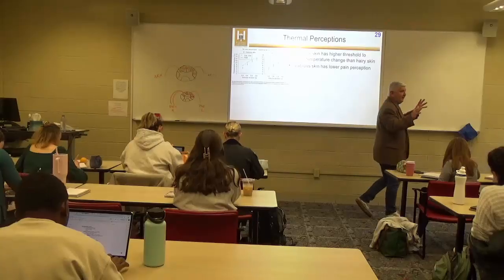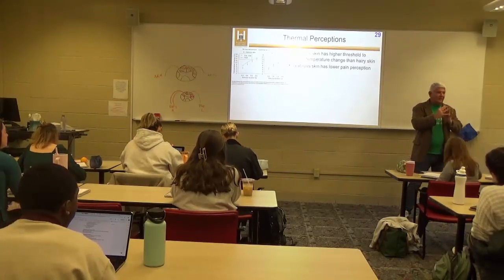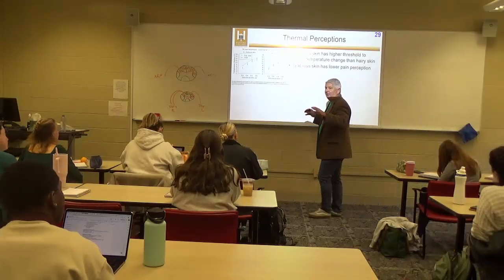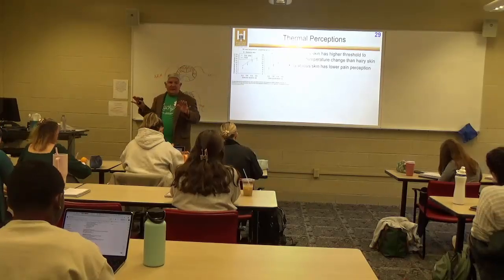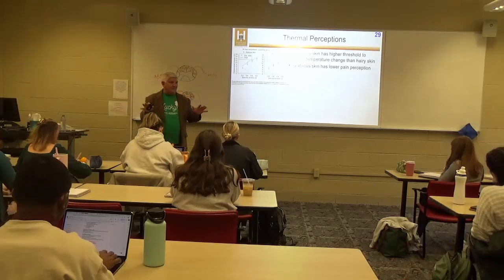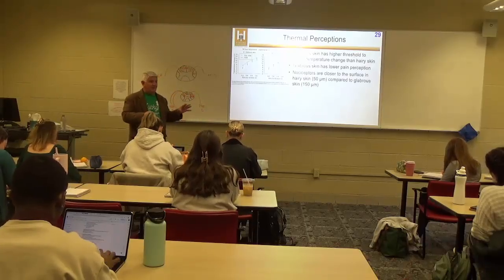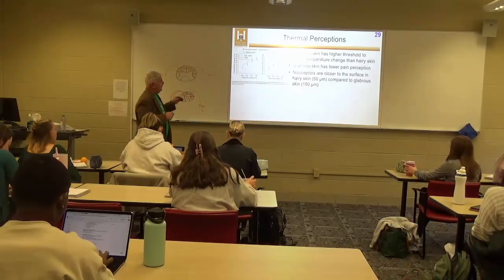You can think about that if we're reaching out, our glabrous skin on our palms of our hands and fingers, if that's our primary way of interacting with the world, we don't want it to be necessarily as highly sensitive. Otherwise, every time we touch something, we might generate pain signals.